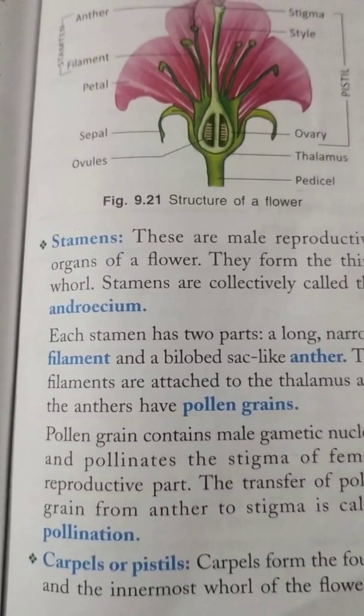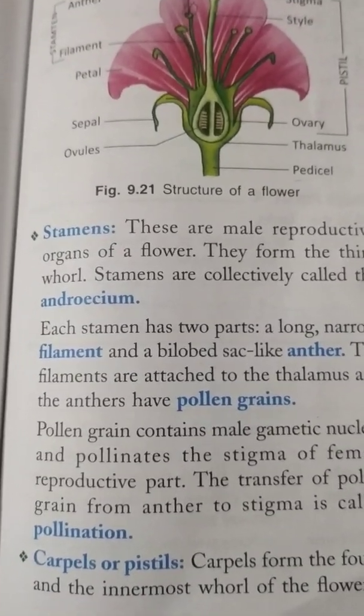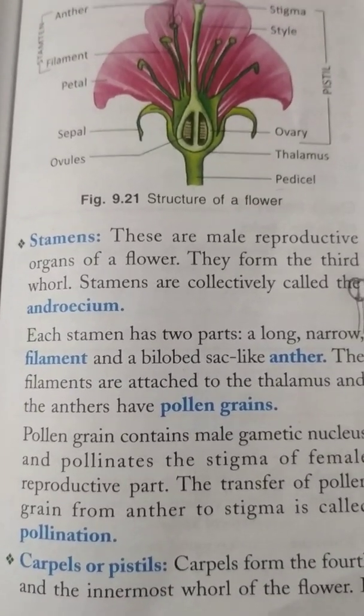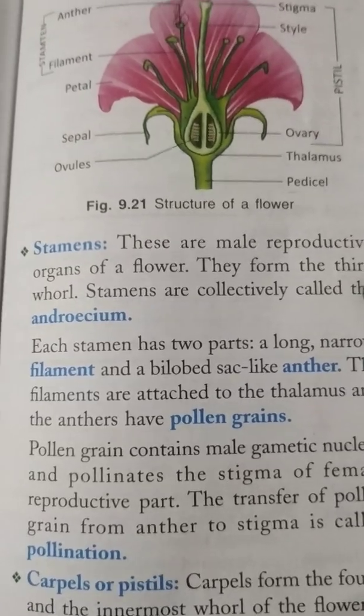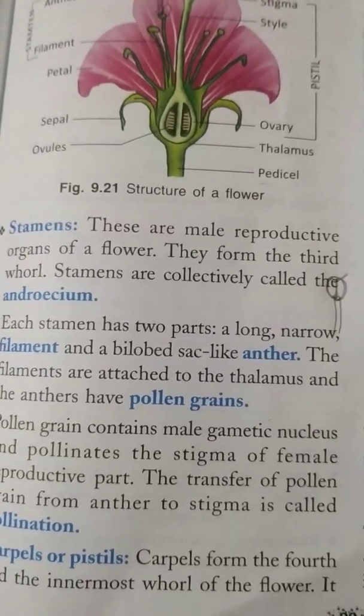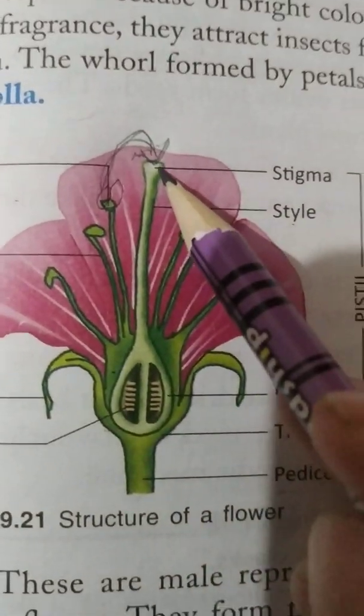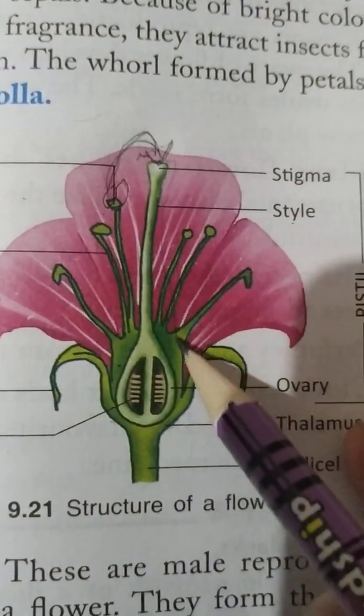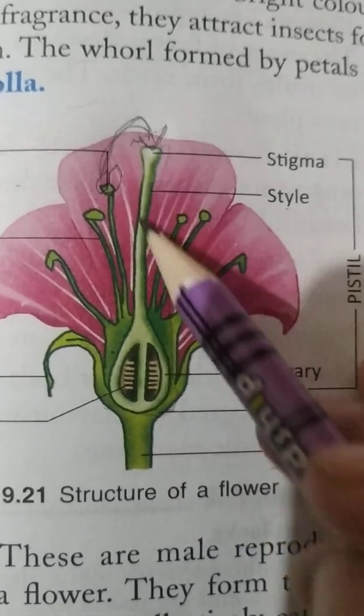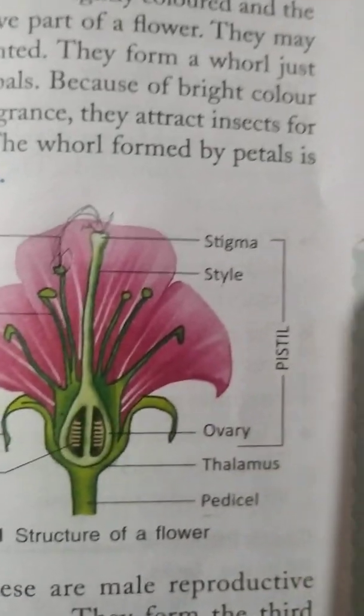Now the next part of the flower is carpels, or we call it pistil. Pistil means the female reproductive part of the flower. So this is the pistil. This whole part, from where it starts to where it ends, is called pistil.